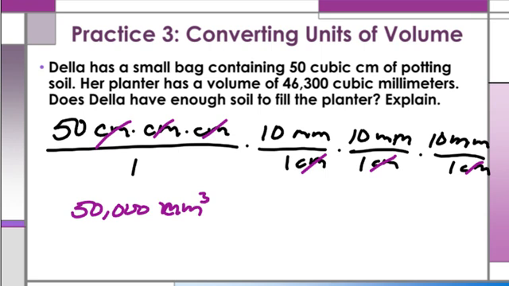So does she have enough soil to fill the planter? Yes, she has enough. And the reason why she has enough is because she only needs 46,300 cubic millimeters to fill the planter, and she has a total of 50,000 cubic millimeters of potting soil.